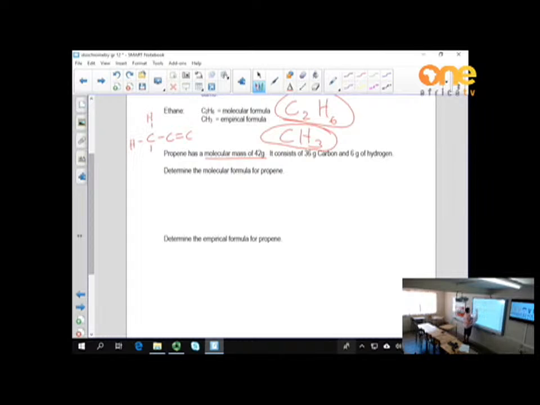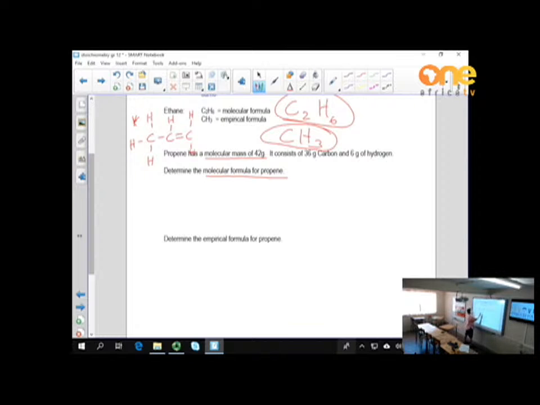There, 1, 2, 3, 4, 1, 2, 3, hydrogen and hydrogen. So the formula for propene, okay, is going to be C3H6. Let's see if we can work it out from what they give us. They say determine the molecular formula. Remember, I know this from the organic chemistry. Let's see if we can get that answer.